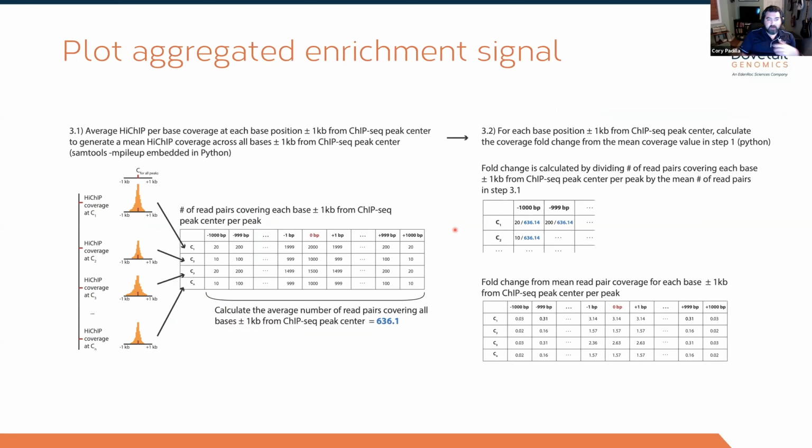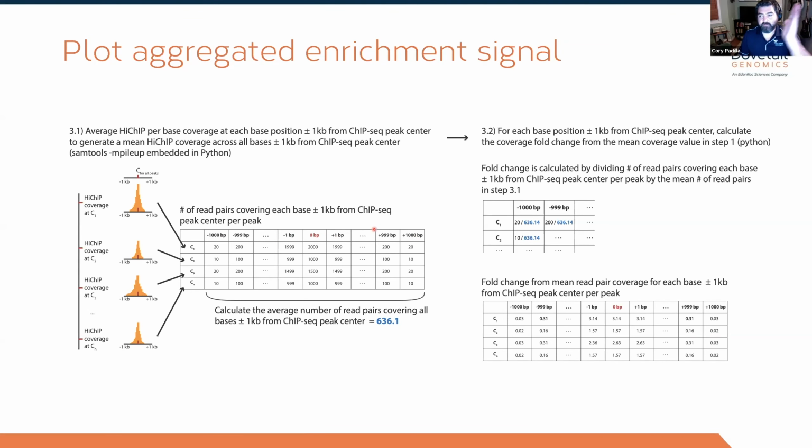So the final thing we want to look at is, what is the aggregated enrichment signal across the whole genome. This kind of sounds complicated. It's really not. We're going to break it down for you. So what we do is we build a big table, and the columns in this table are the base positions from the ChIP-seq peak center. So minus 1 kb, minus 999 bases, minus 1 base, the center, plus 1 base, all the way up to 1 kb.